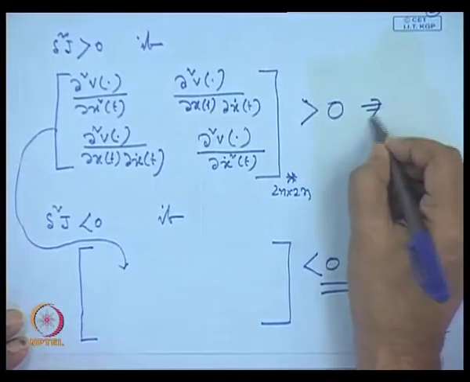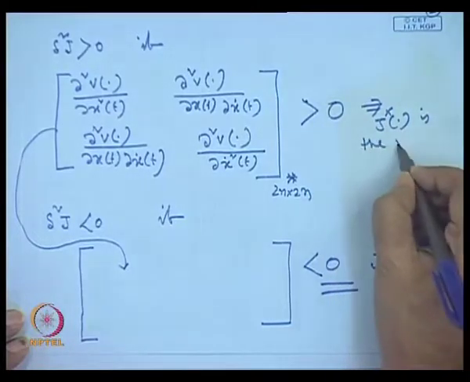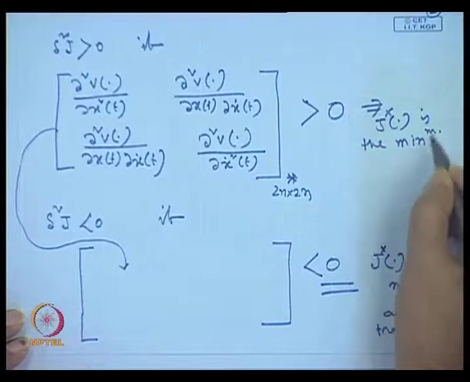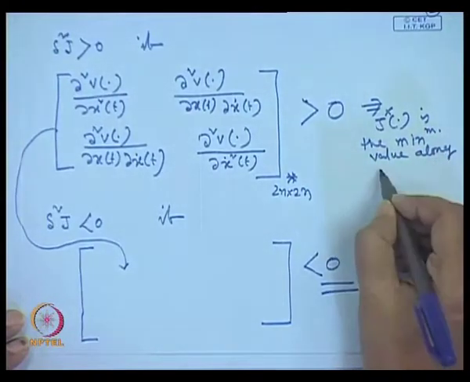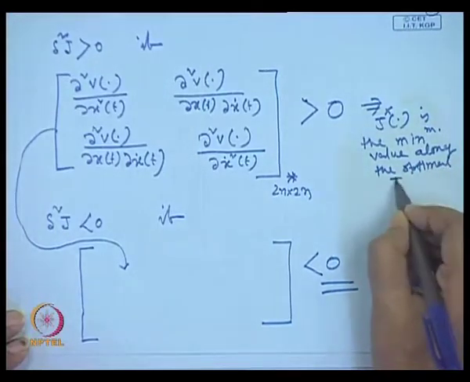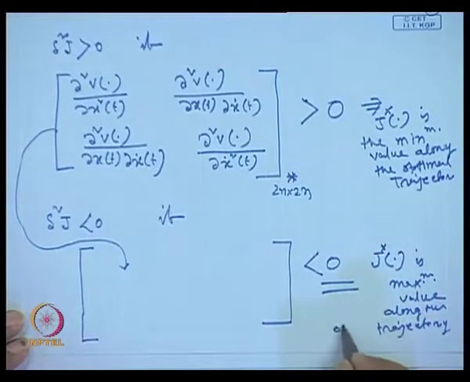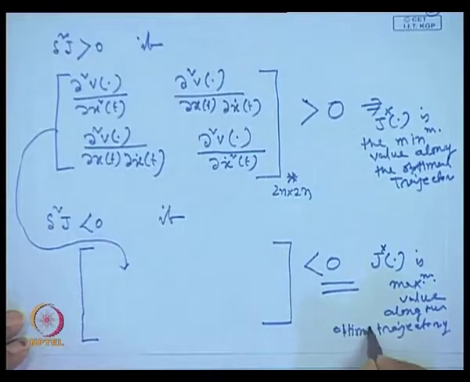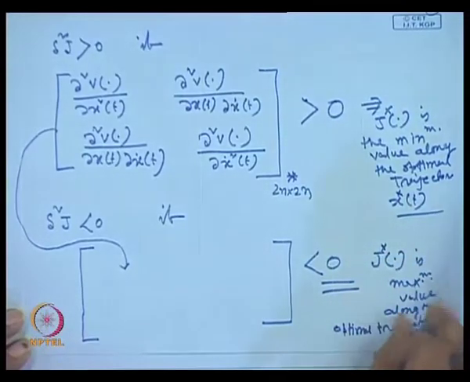Similarly, the earlier case implies that j star is the minimum value along the optimal trajectory. Optimal trajectory means x star of t, you can write it. So, this is the sufficient condition for this.